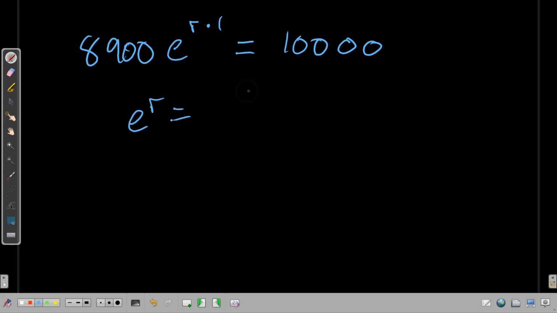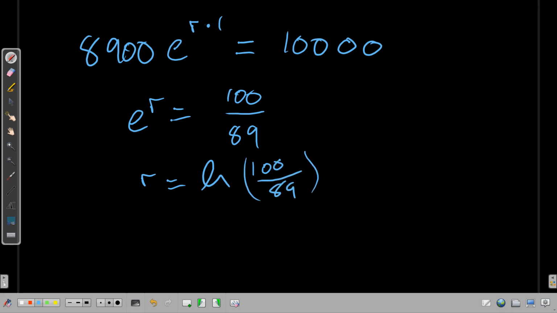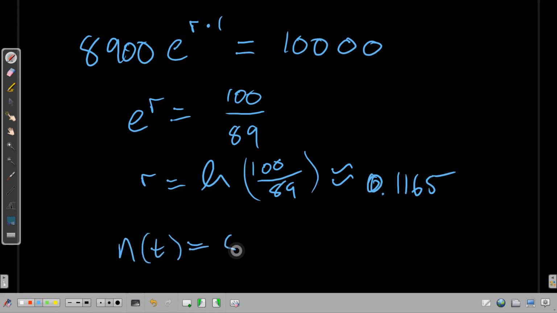Consequently, e to the r would be 10,000 over 8,900, which is just 100 over 89, and in turn r would be the natural log of 100 over 89, and that number to 4 decimal places is approximately 0.1165. Then my model should be 8,900 e to the 0.1165 t.